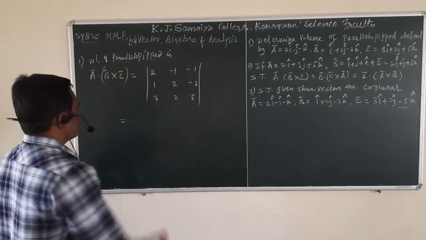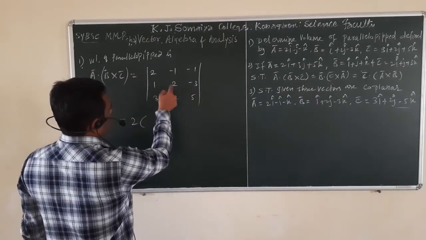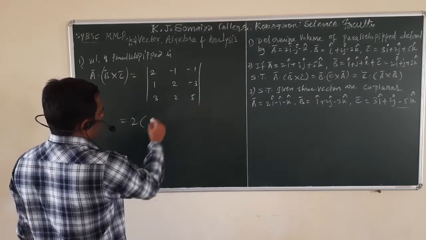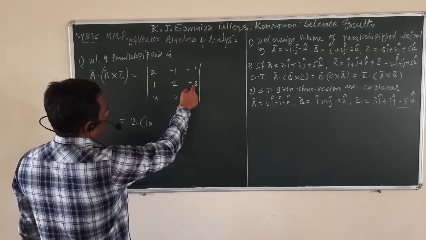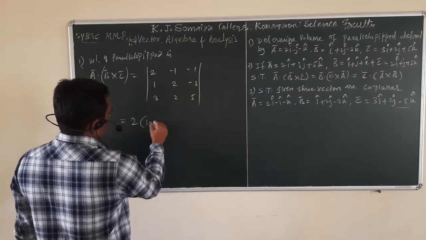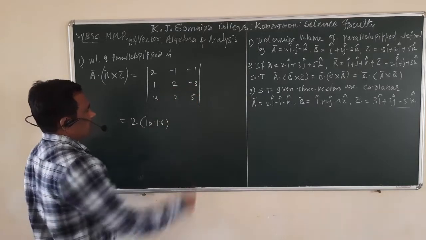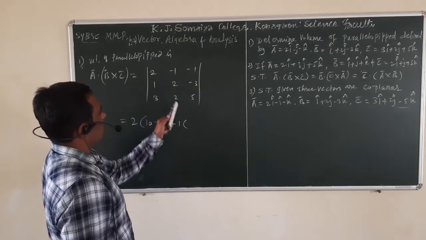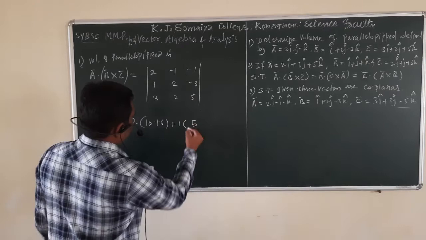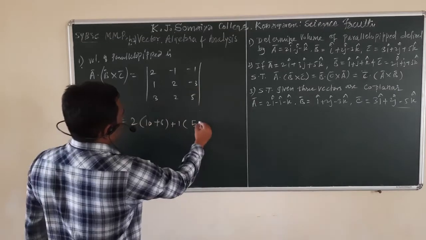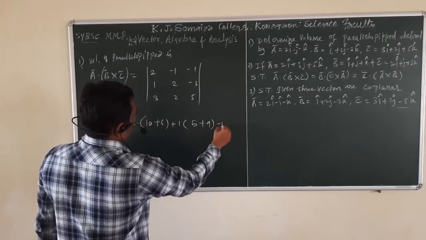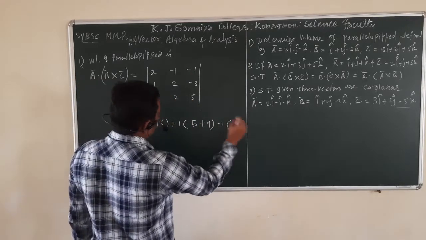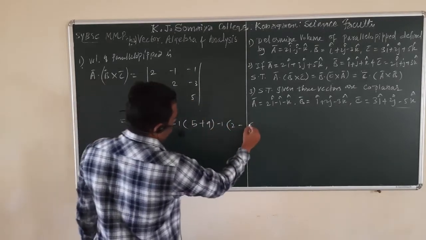First, 2 multiplied by 10, and minus minus becomes plus 6. Again 5, minus minus becomes plus 9, minus 1 into 2 minus 6.